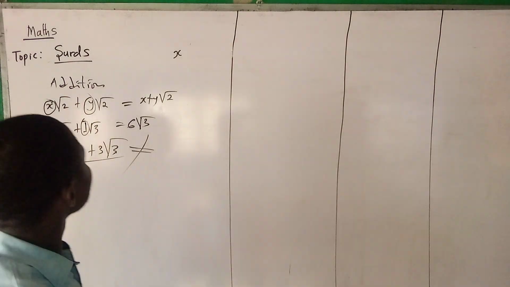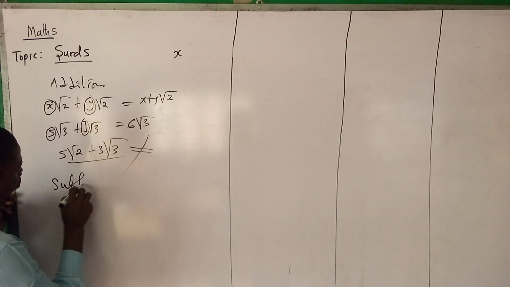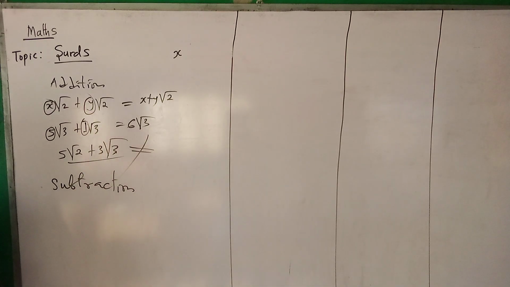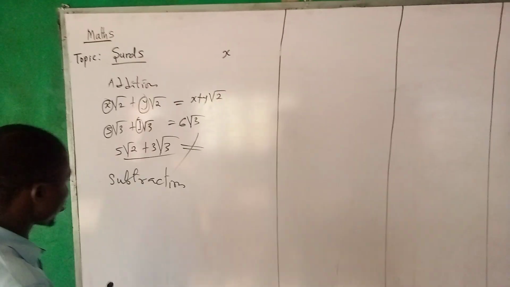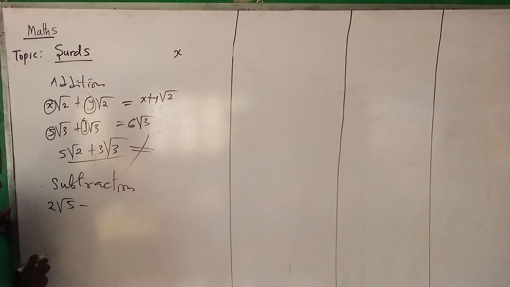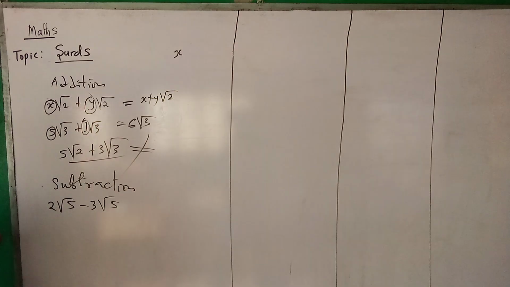All right, now the same thing is applicable when we talk of subtraction of surds, right? So you subtract surds that have the same basic form. Something like, let's say, 2 surd 5 minus 3 surd 5. It can be subtracted.